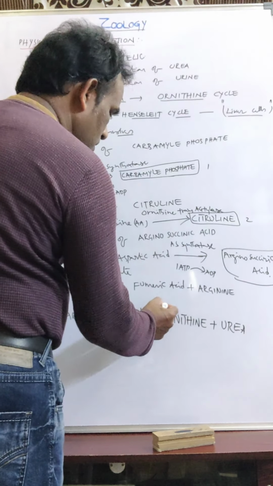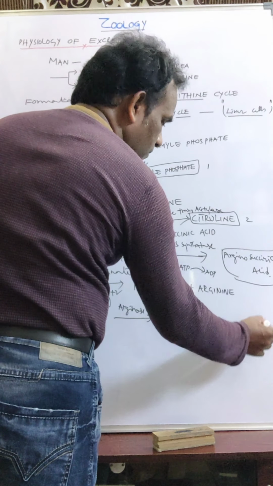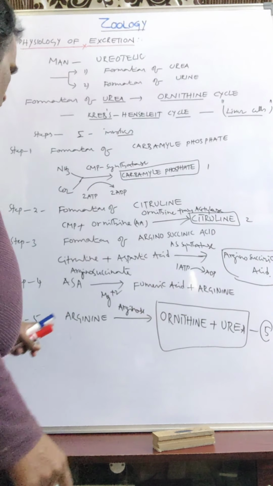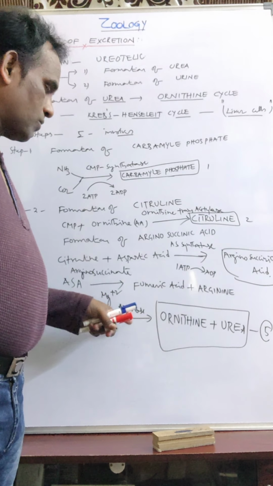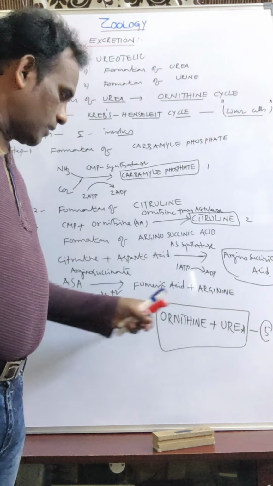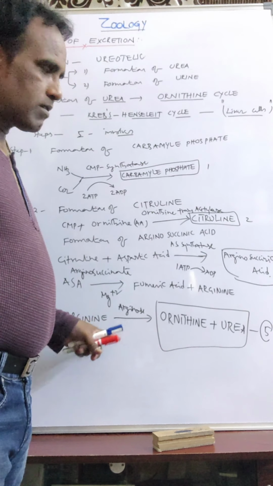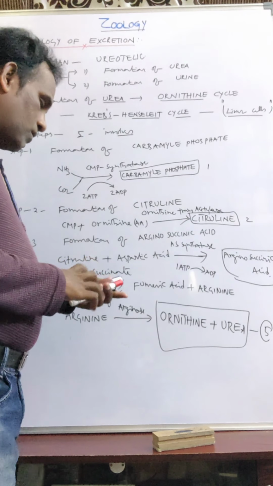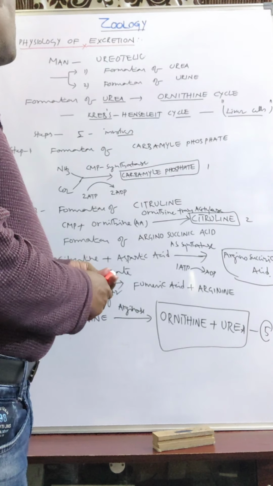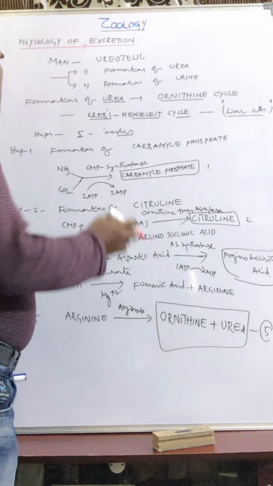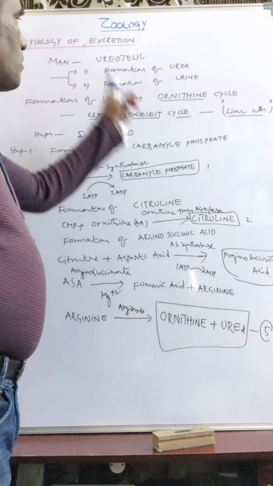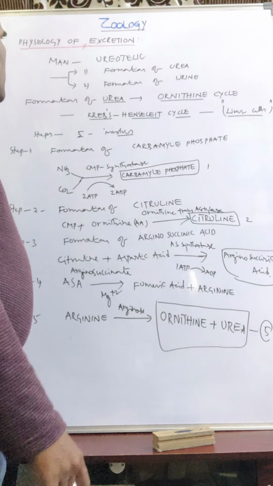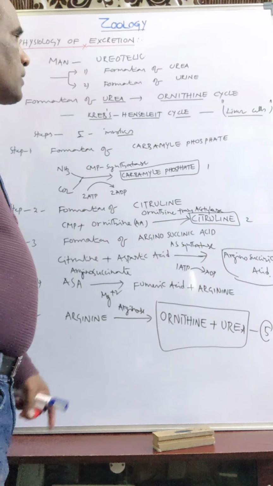This is step number 5. So these are the steps involved in the formation of urea. Formation of urea involves 5 steps. So man is a ureotelic animal, and the excretory substance is urea.